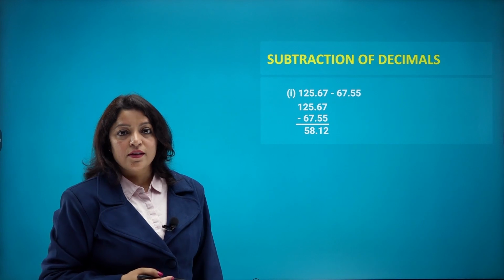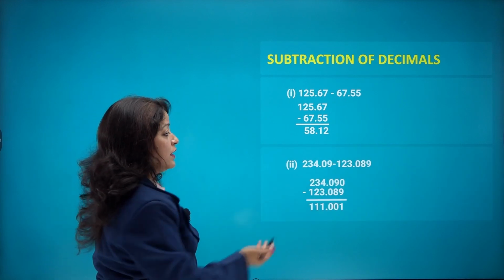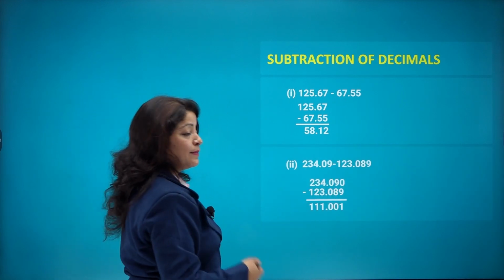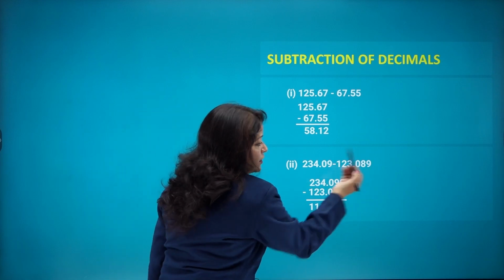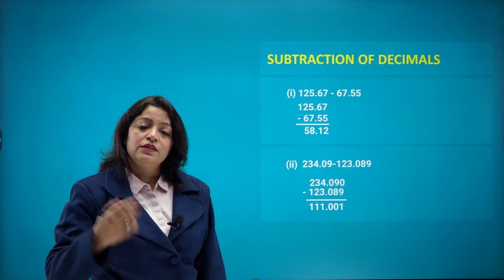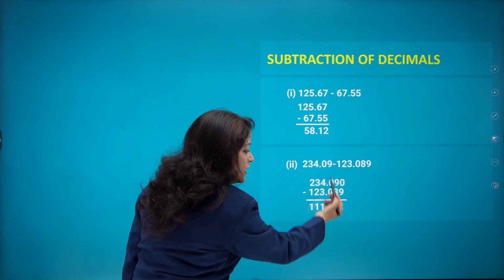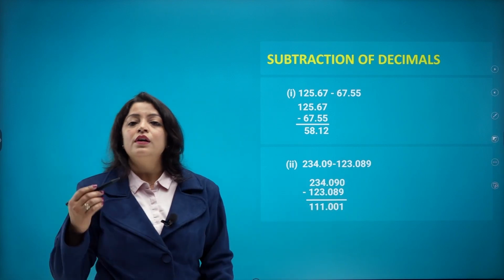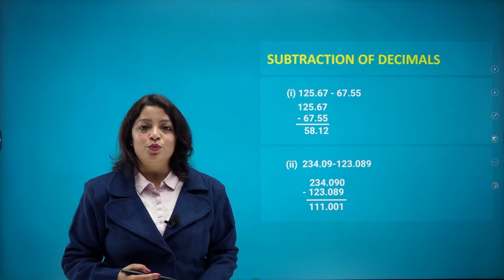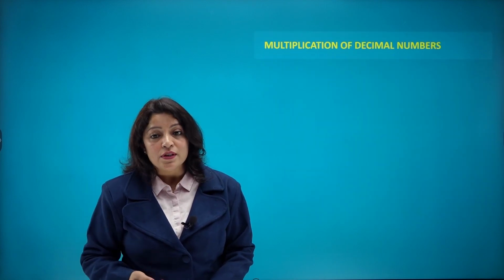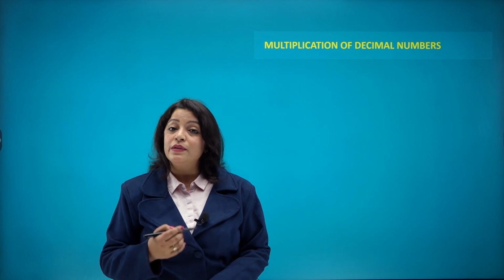Also, if there are 2 digits after the decimal in the first number and 3 in the second number, we add a 0 at last. That means after 9 you can put a 0 and then continue with the normal subtraction as we used to do. But what happens if we have to multiply decimal numbers?